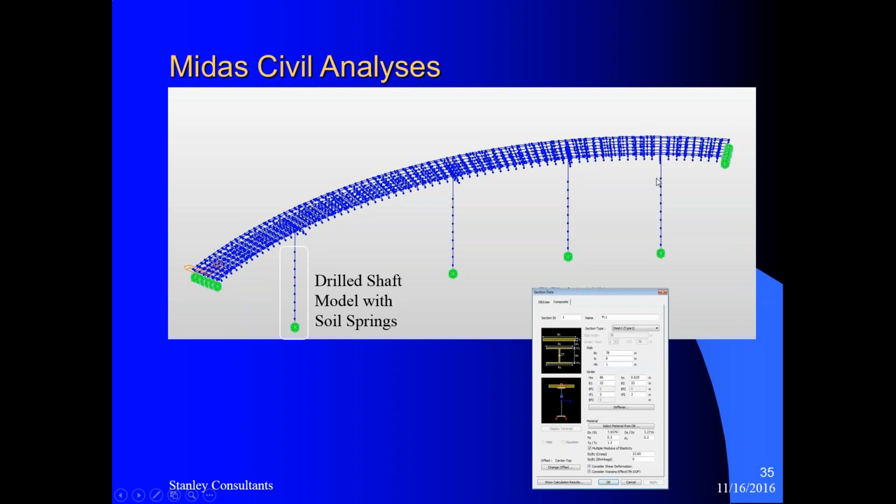Basically, I developed this whole model using the Wizard, and I added these additional elements, and also these soil springs to model the drill shaft substructure. And here one thing that I would like to point out is that Midas Civil also has a thin-walled open section element that has the warping degree of freedom, the 7th degree of freedom.